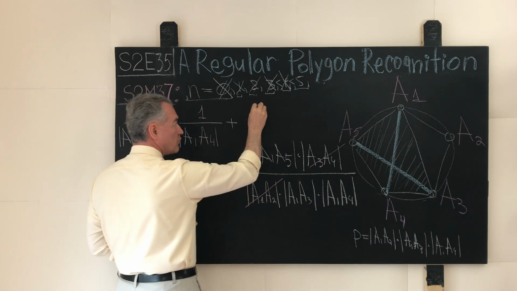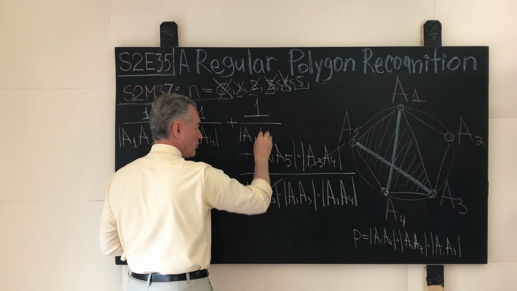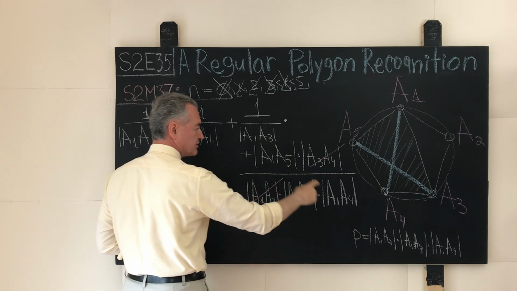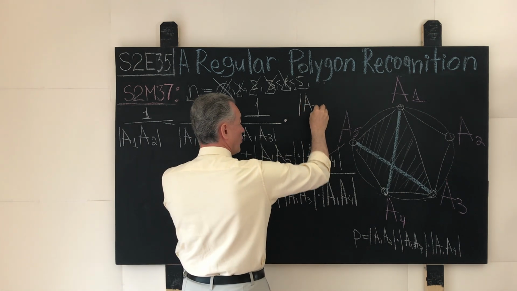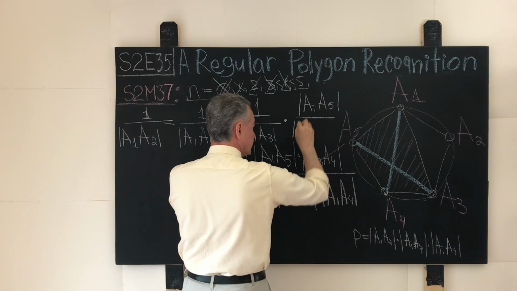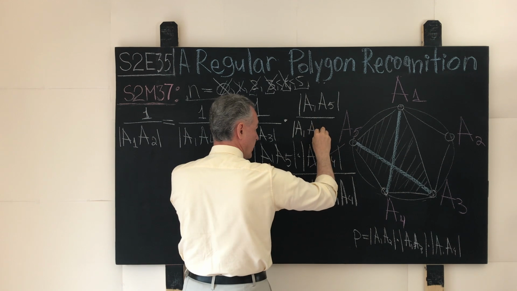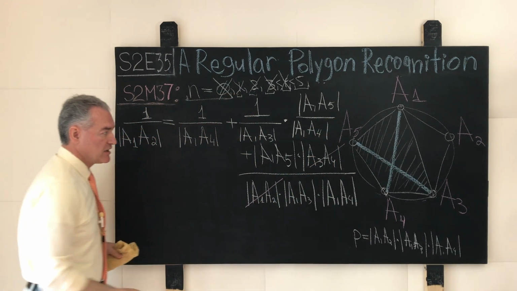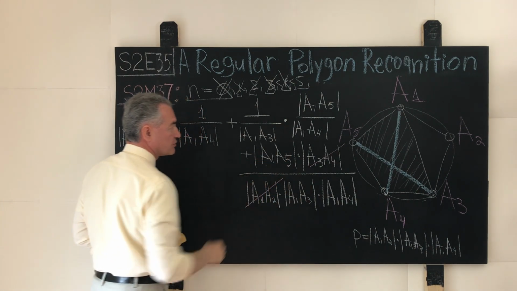So now we write it down precisely like that: 1 over the distance between the vertices A1 and A3 times, what is this? The distance between the vertices A1 and A5 over the distance between the vertices A1 and A4. You see, we rewrite this ratio, this fraction, in this particular way.